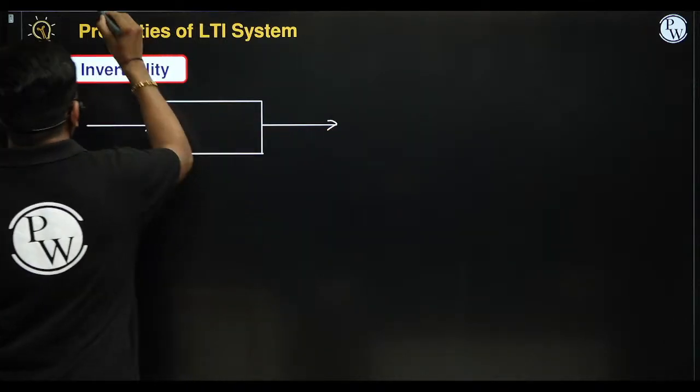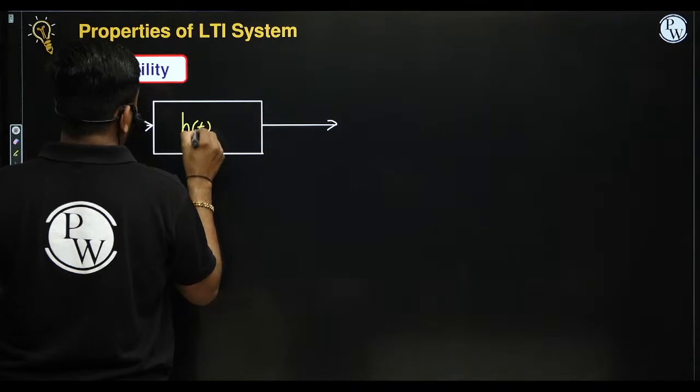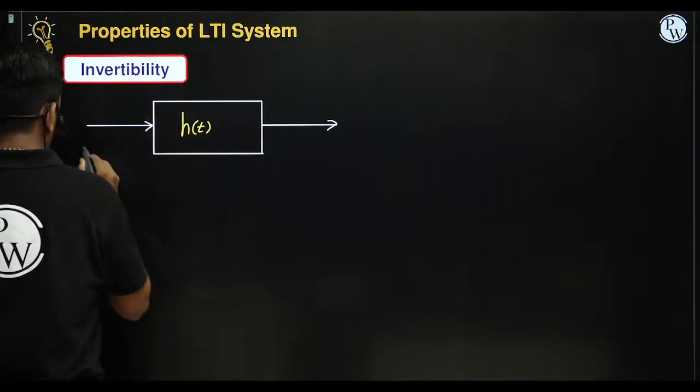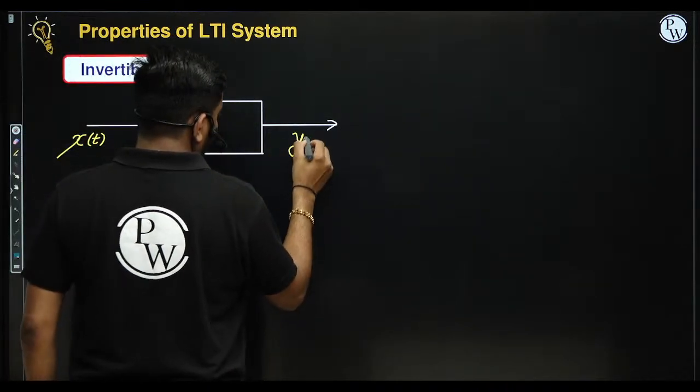Suppose this is an LTI system whose impulse response is h of t, and if it is invertible, the input is x of t, and for this input it is producing output y of t.